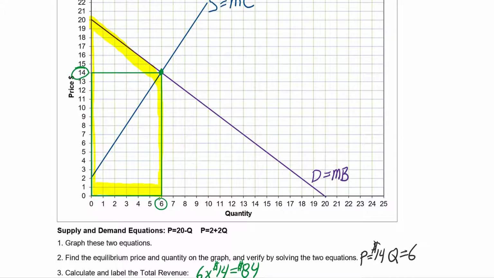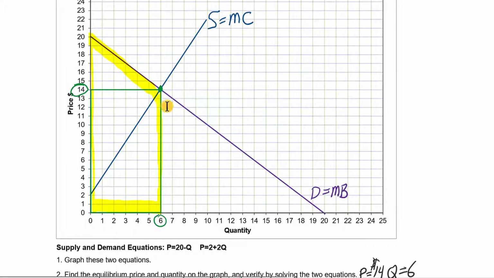And it's going to tell us the most people would be willing to pay in order to obtain all 6 of these units. So what we want to do is just take that total revenue. We're doing geometric math here. Take the total revenue, the green rectangle, and add to it the missing part, this triangle on top. You might notice that that triangle is going to be consumer surplus.